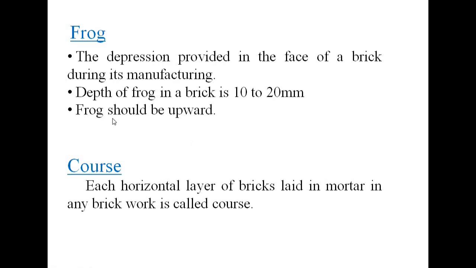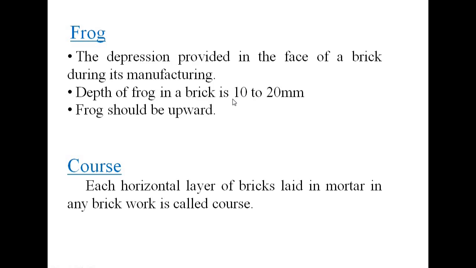Next, frog. We have seen frog in the previous presentation: the depression provided in the face of a brick during its manufacture is called a frog. The depth of a frog in a brick is 10 to 20 mm. It may vary according to the requirement and the size.